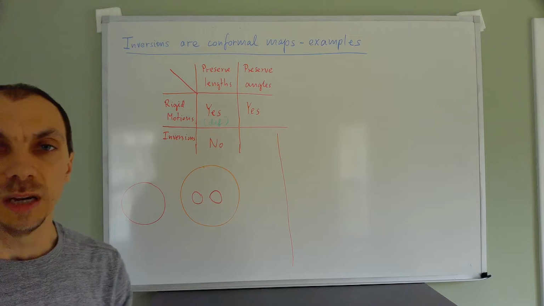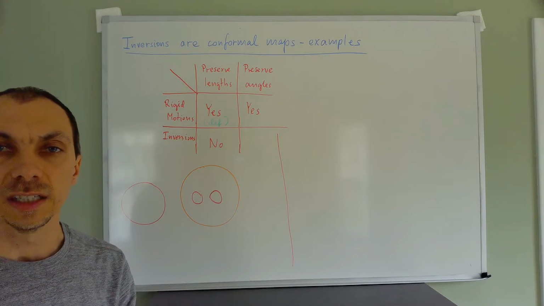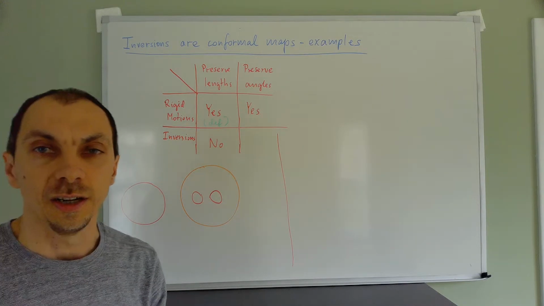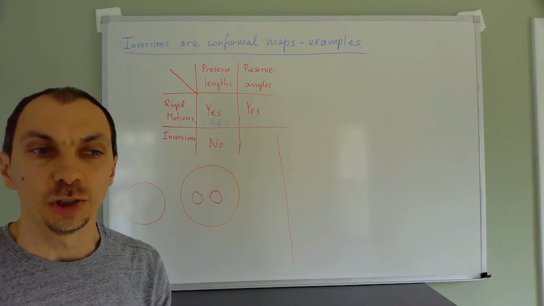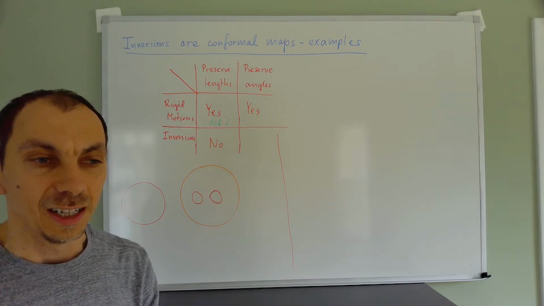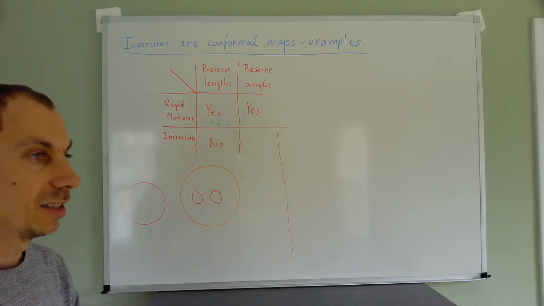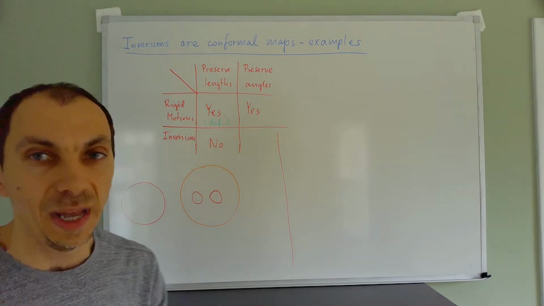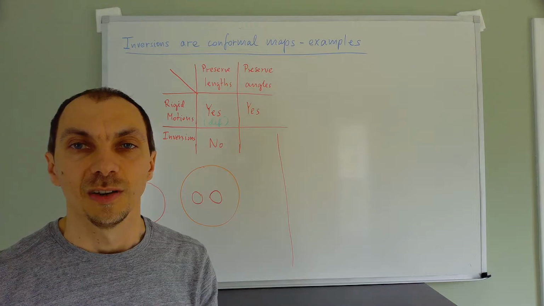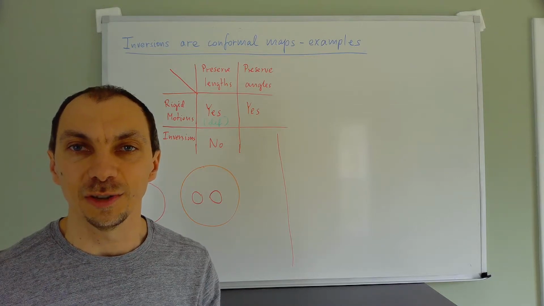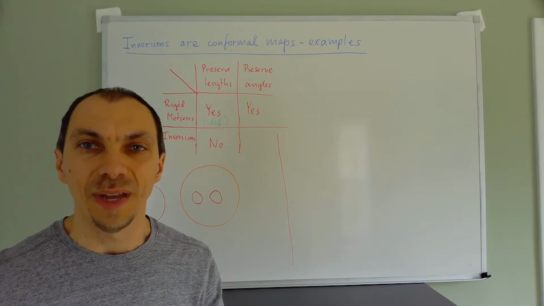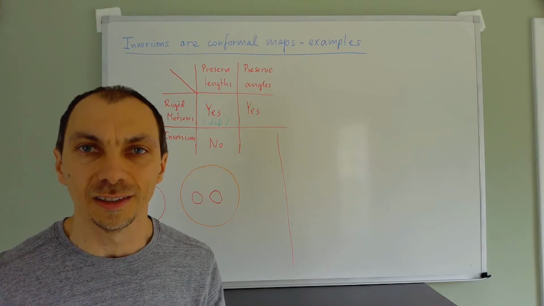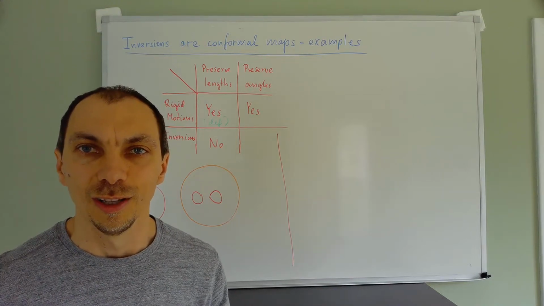So it might come as a surprise that inversions should preserve angles. That might sound somewhat bizarre, because if they behave so badly with respect to lengths, and don't respect them at all, why would they?